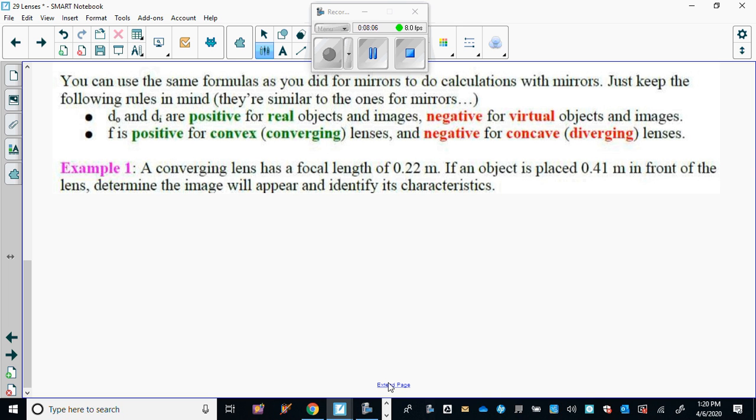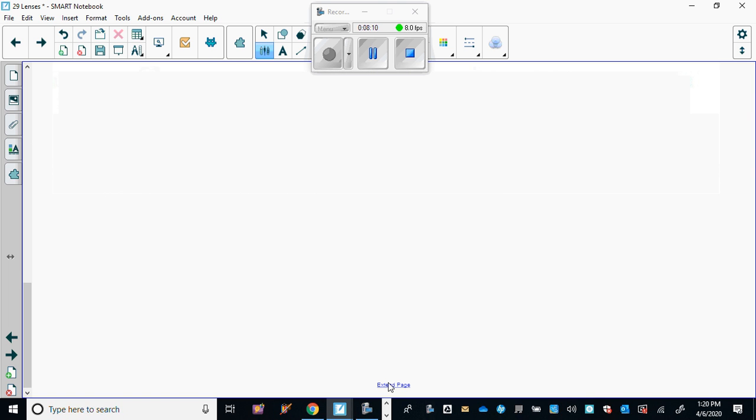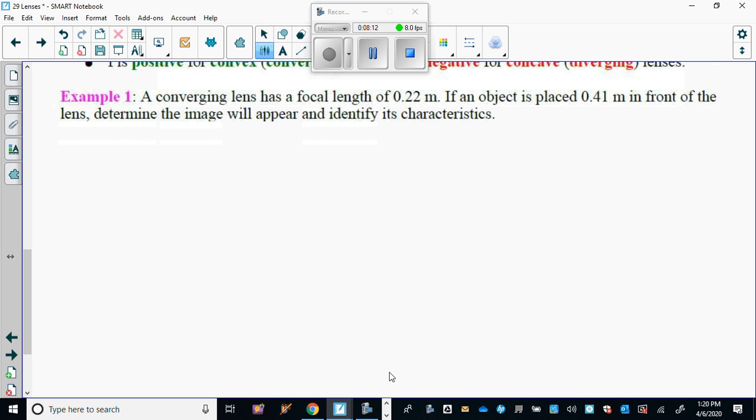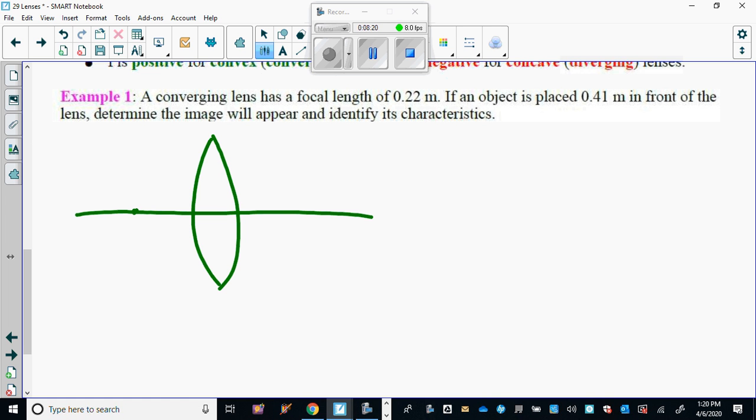So determine where it will appear. Let's draw a quick sketch of that. It's a converging lens, so therefore it's convex. Convex, focal point, focal. Has a focal length, so from here to here is 0.22 meters.